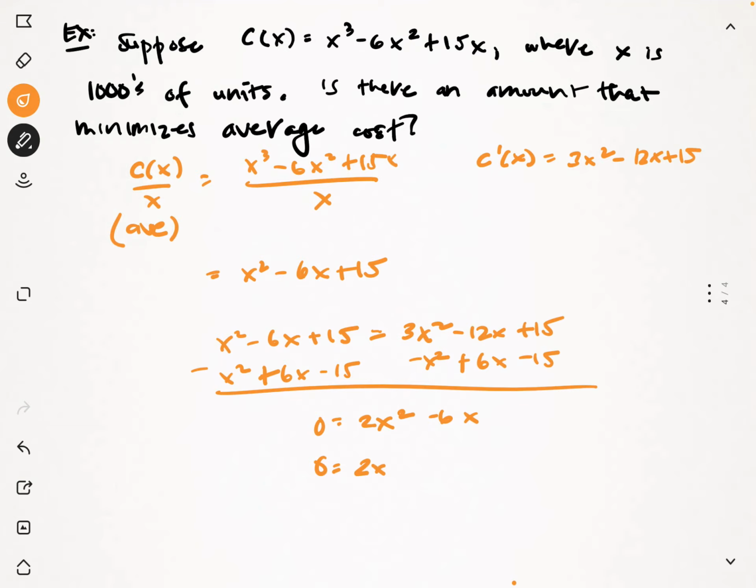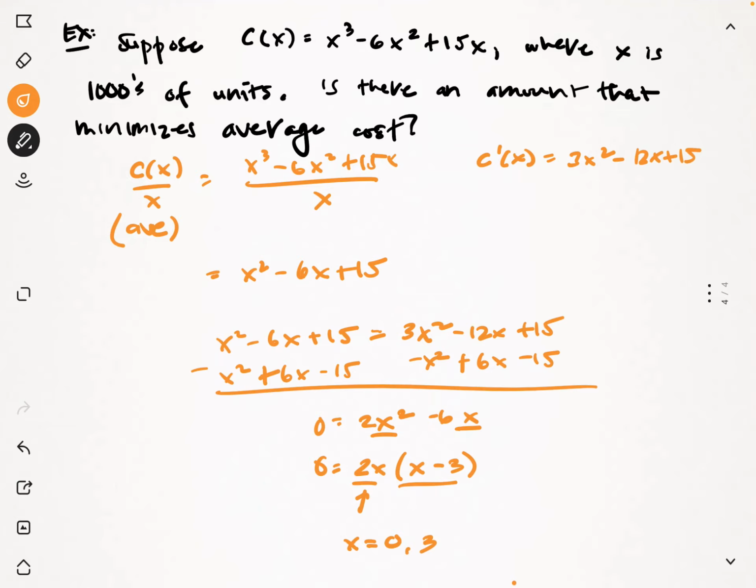We can factor out a 2x from both of these terms, so we get x and minus 3. The zero product property says if we have two things multiplying, in order for it to equal 0, one of them has got to be equal to 0. So x would be 0 for the 2x, and x would be 3 for the x minus 3.